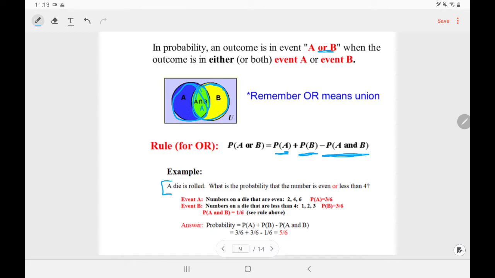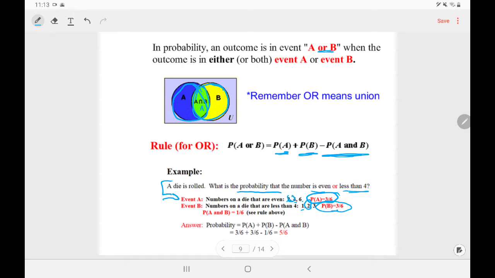So for example, a die is rolled. What is the probability that the number is even or less than 4? Well, for event A, the probability that it's even, there's 3 outcomes out of 6, so the probability of A happening is 3/6. The probability that it's less than 4, I have 1, 2, 3. Again, it's 3/6. But remember, I have that one overlapping number.